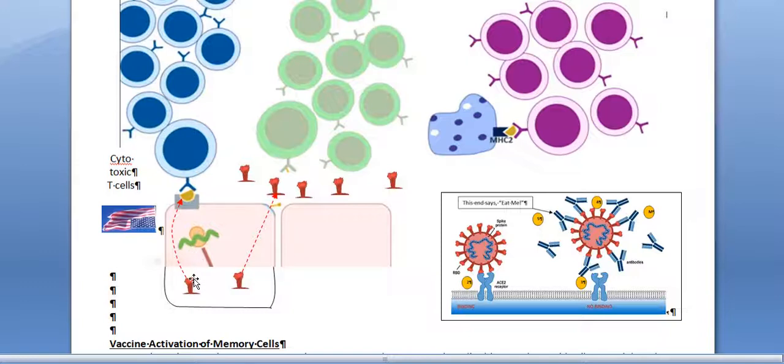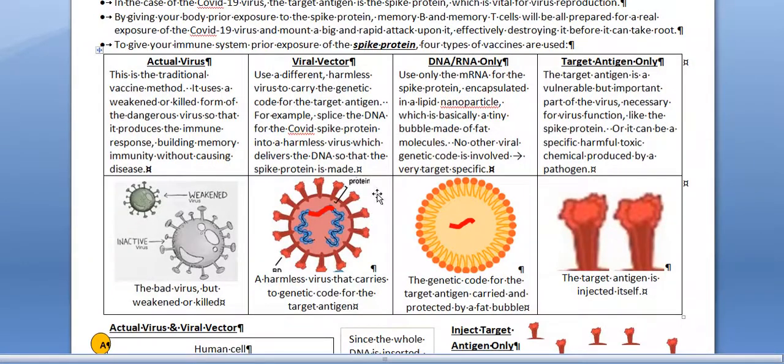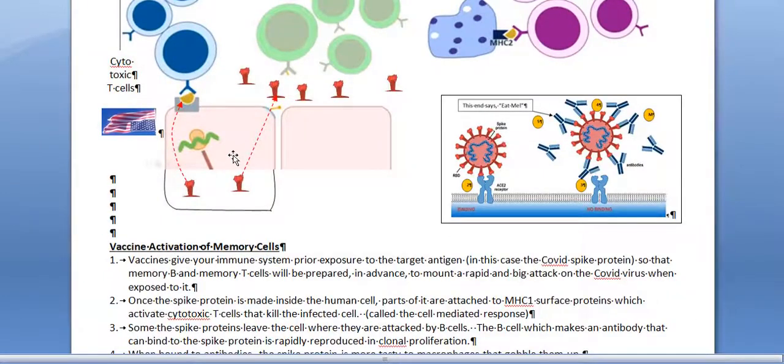Once you get that spike protein inside, by injecting the genetic material in one of these ways, some of these are broken up, and then pieces are put on a major histocompatibility complex type 1. This becomes a warning signal, a flag upside down. Warning, Will Robinson. And then that activates the cytotoxic T cells.